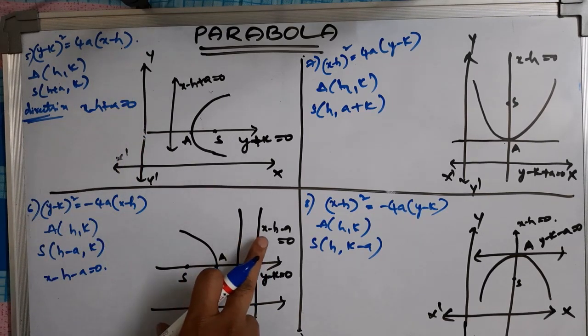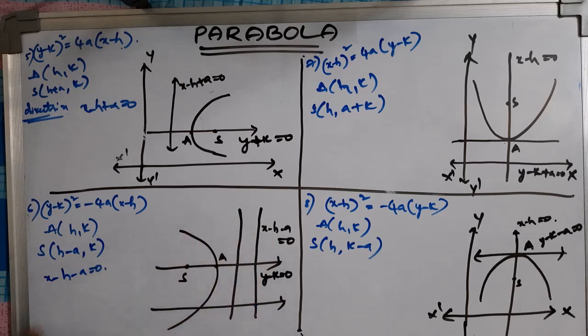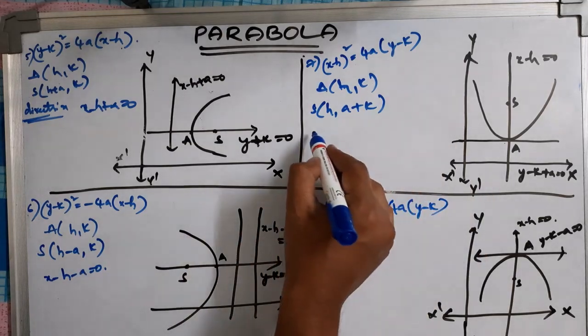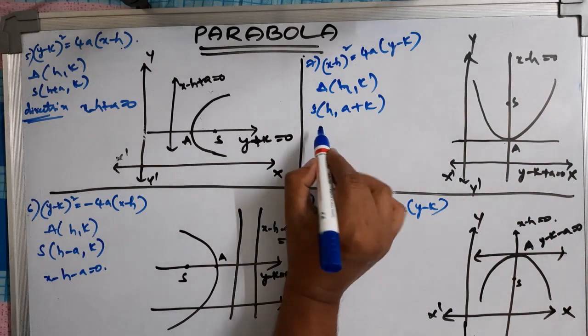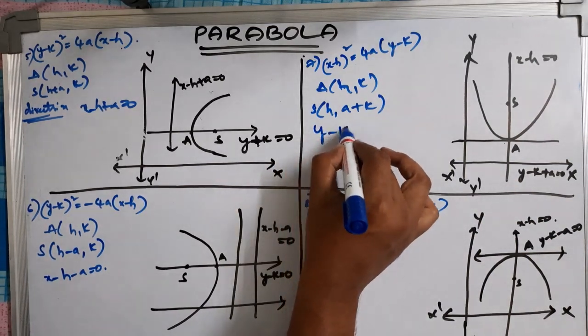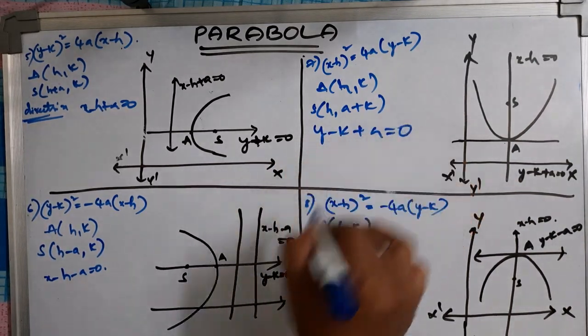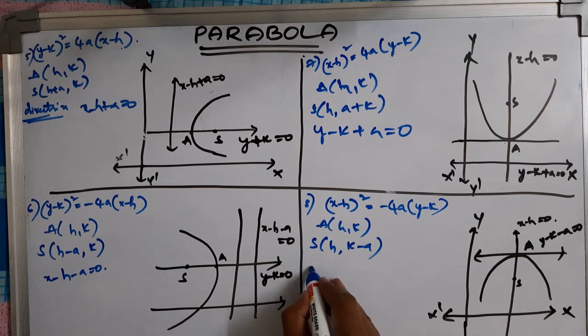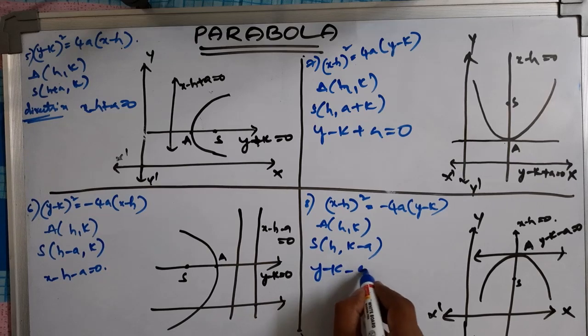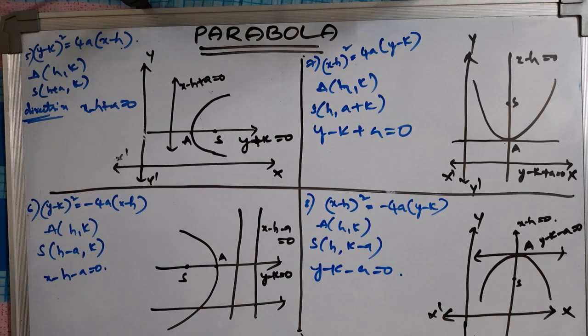In the case of this one, the directrix is y minus k plus a equals 0, and here it becomes y minus k minus a equals 0.